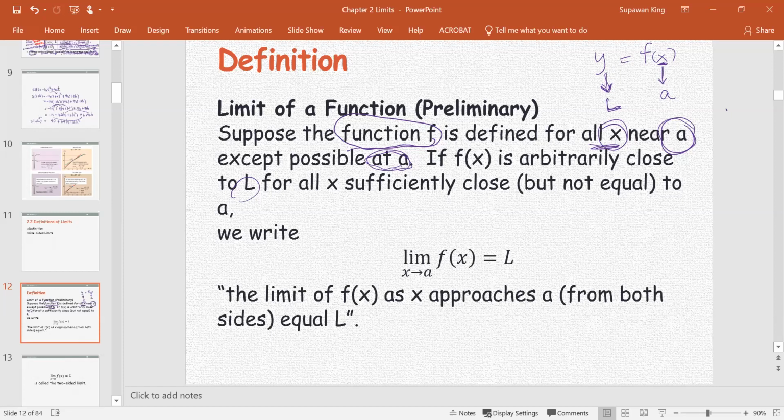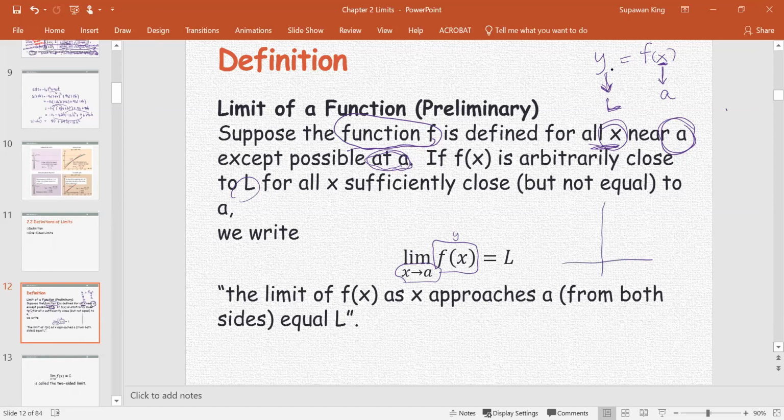If x approaches a and y approaches L, we write the notation: the limit of the function f of x as x approaches a equals L.